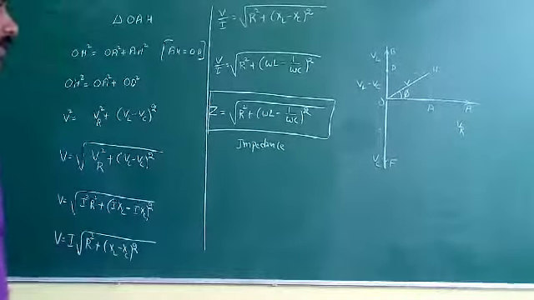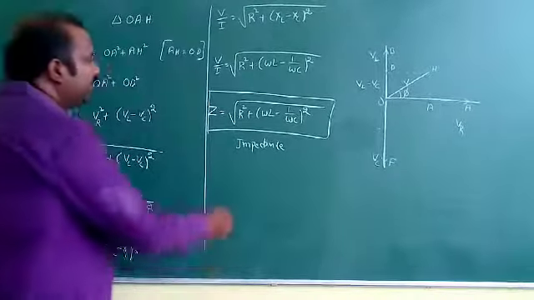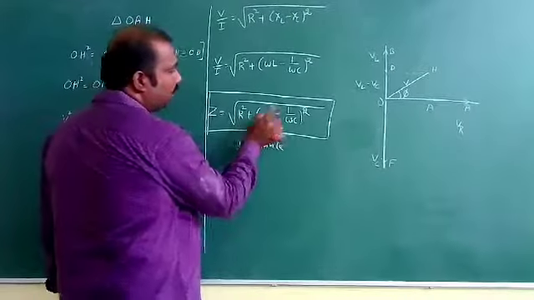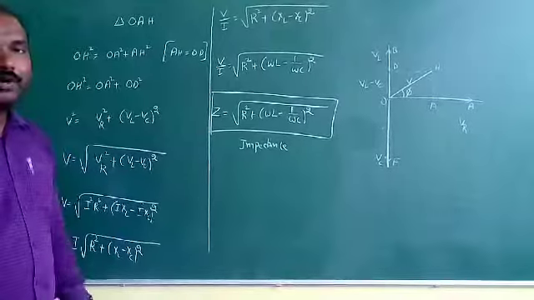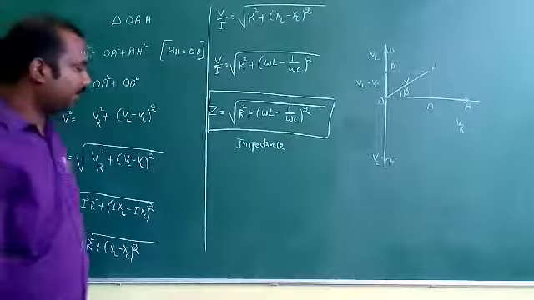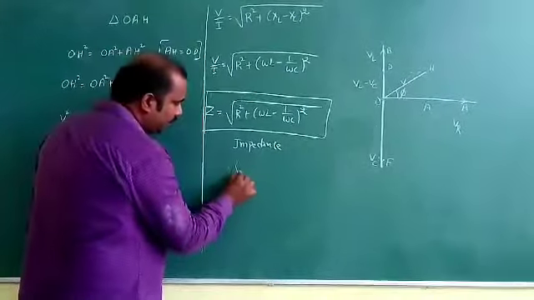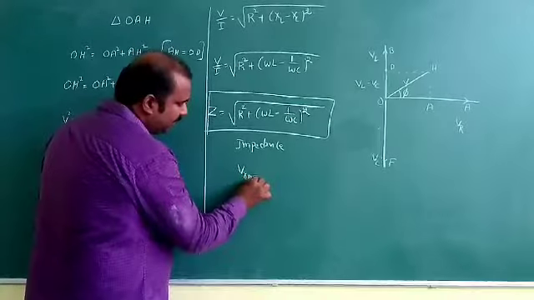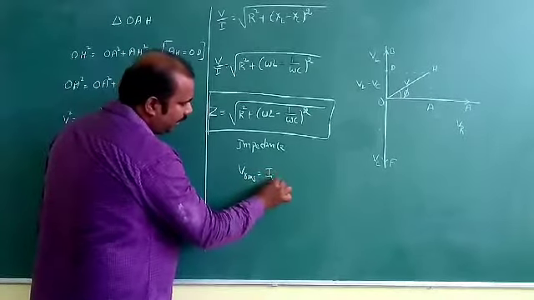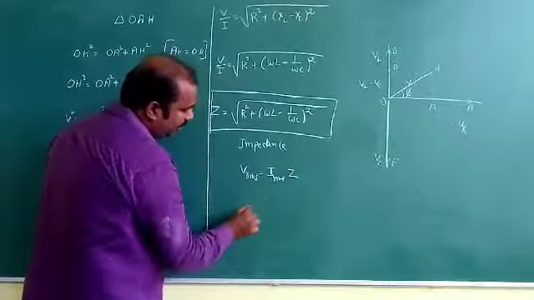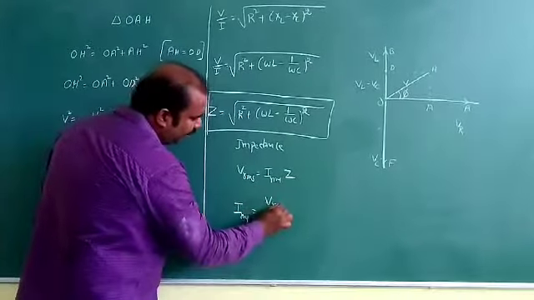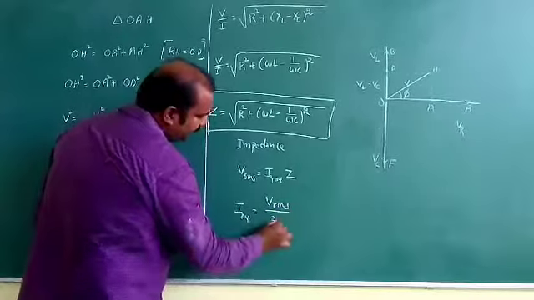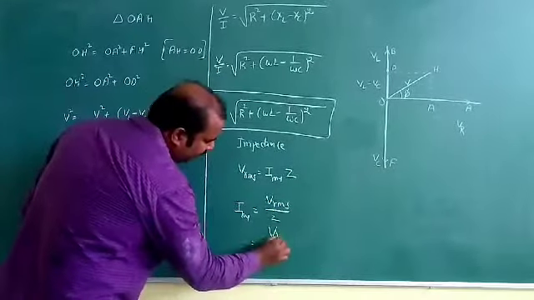It is represented by the symbol Z, and Z is equal to square root of R square plus (omega L minus 1 by omega C) whole square. And from this we can find the IRMS current. So VRMS is equal to IRMS into Z, and finally IRMS is equal to VRMS by Z. And what is the equation?